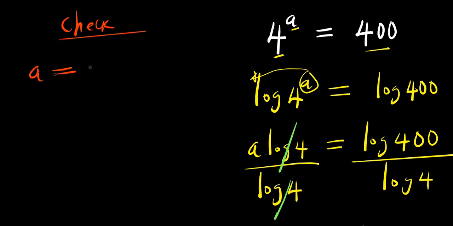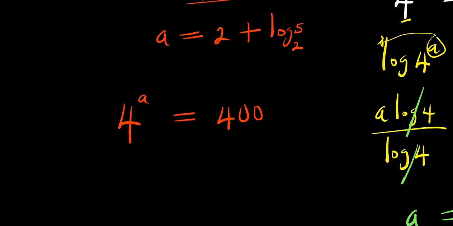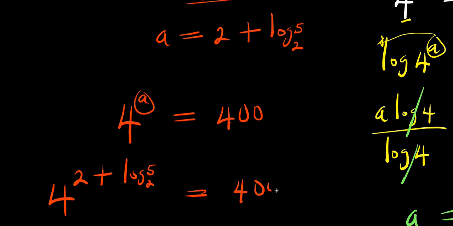We have a equals 2 plus log 5 to the base of 2, meaning that we are going to have 4 power a, this was the equation, equals 400. That means we have 4 power, instead of writing a, we have 2 plus log 5 to the base of 2 equals 400.